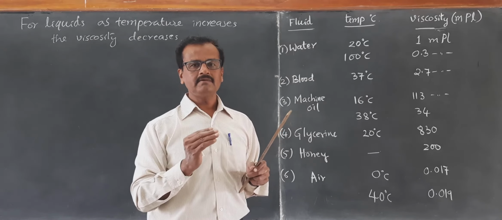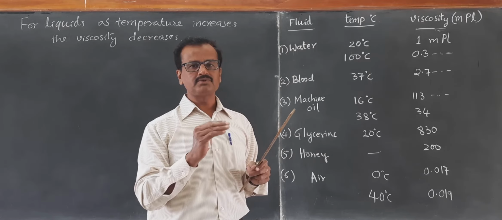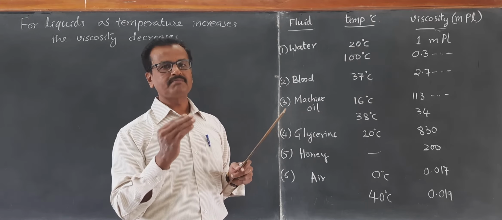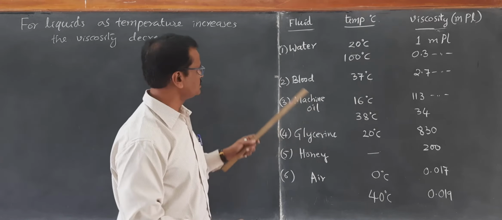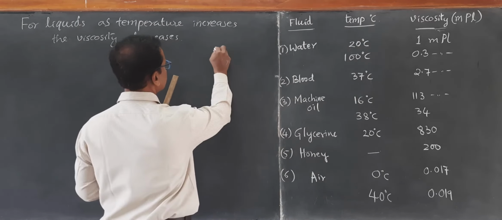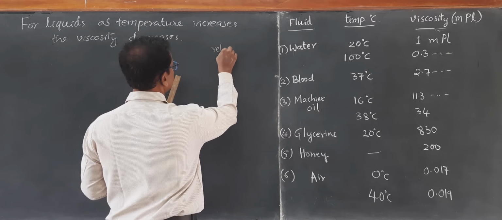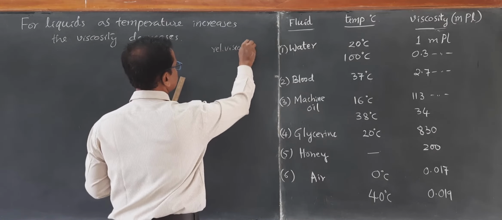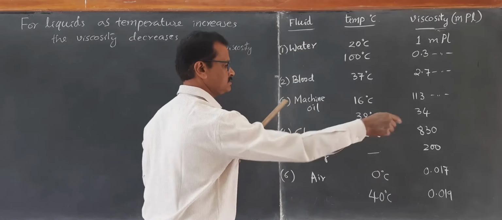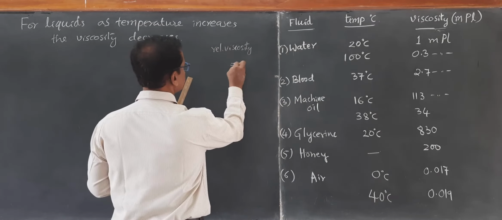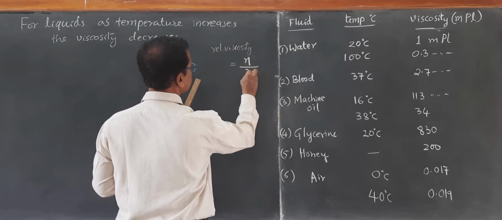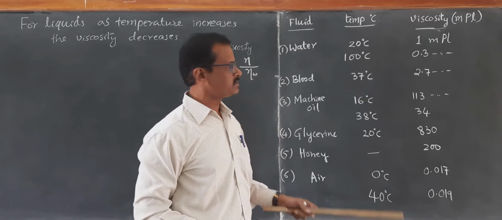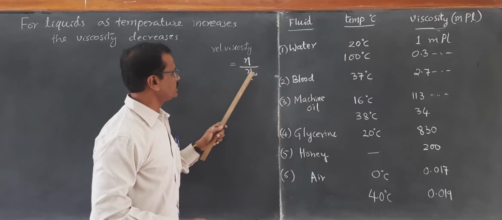Relative viscosity is defined as the viscosity of the liquid divided by the viscosity of water. The viscosity of water at 20 degrees Celsius is 1 millipoise. So if you take the ratio, that gives you a number.